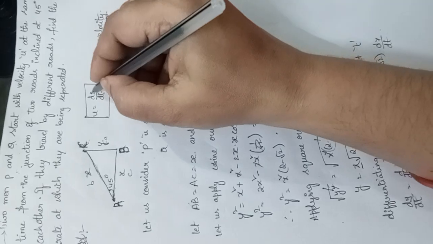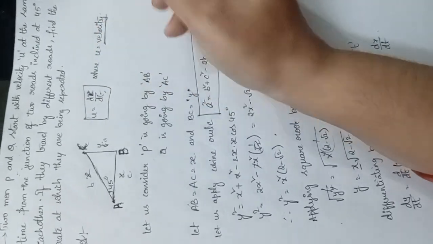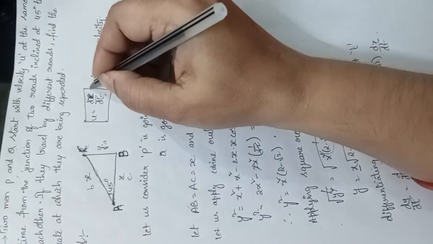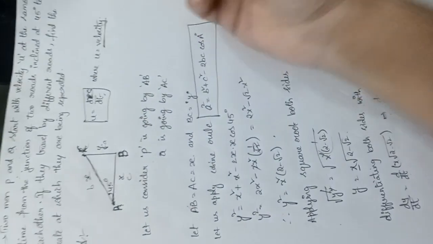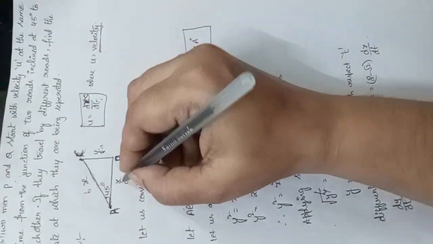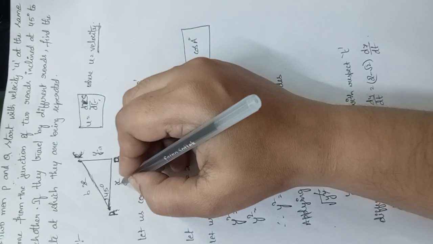Here what we took is x, no? Let us take it as displacement s here, and dx by dt is the velocity.